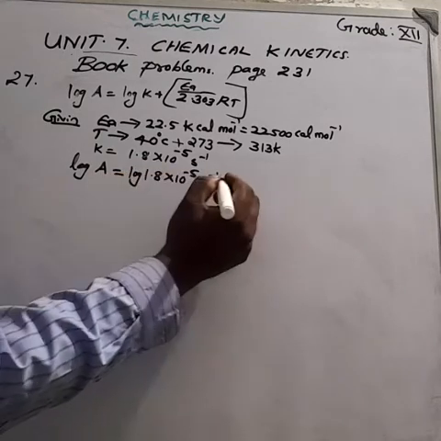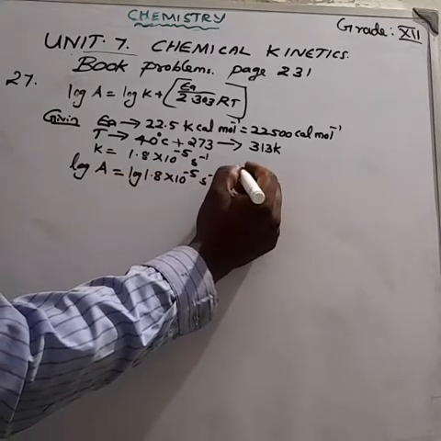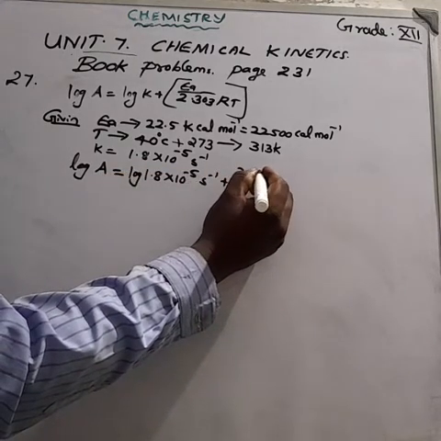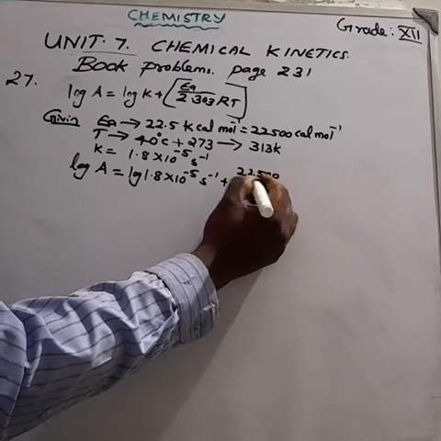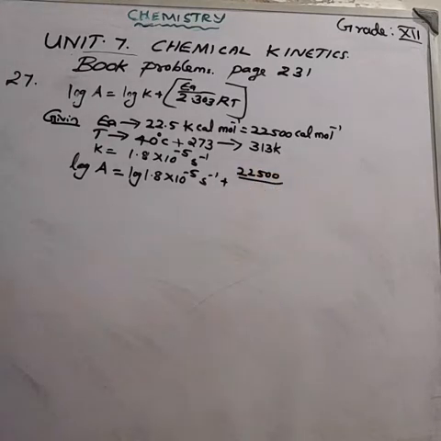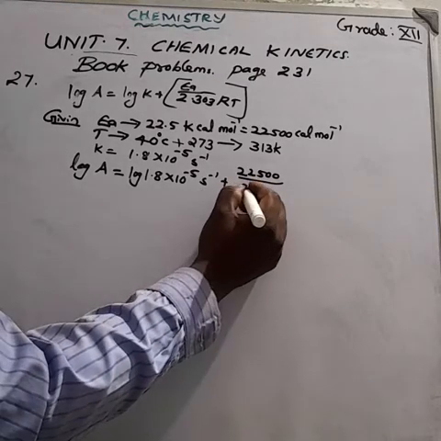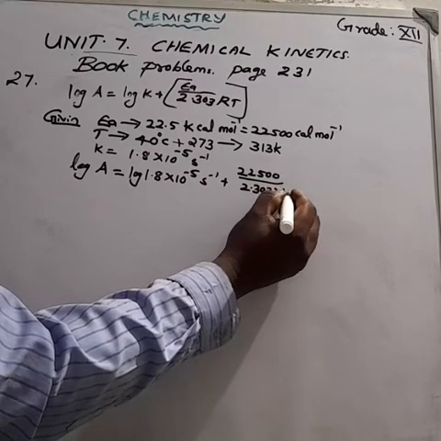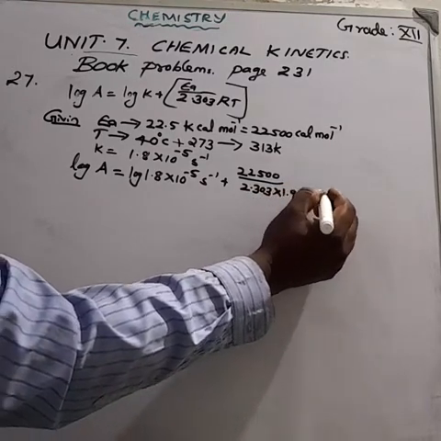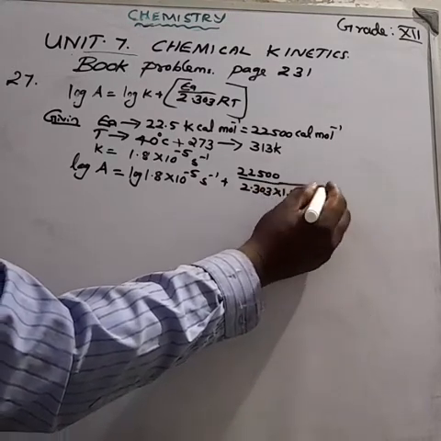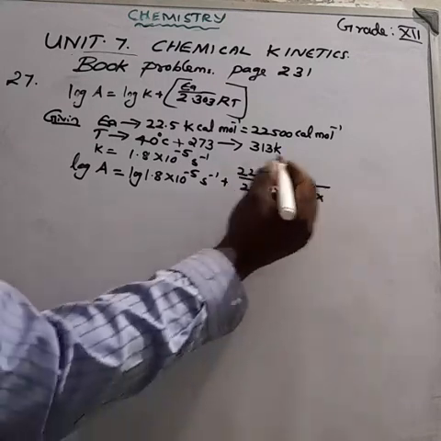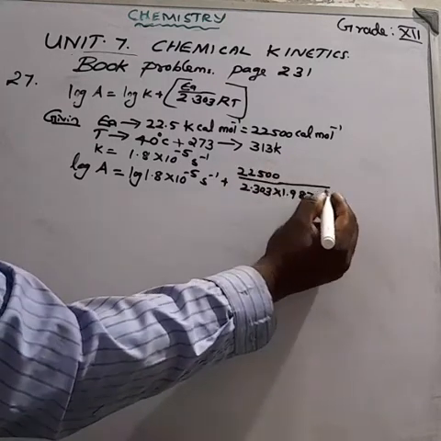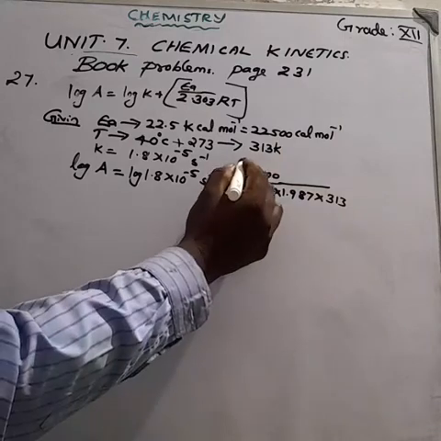What is the given value of EA? 22,500 divided by 2.303 into, all of you know the R value, R equal to 1.987 into, next T, temperature, that is 313.